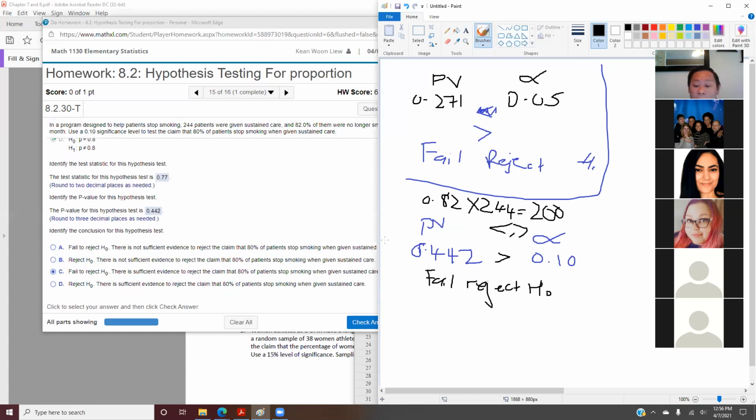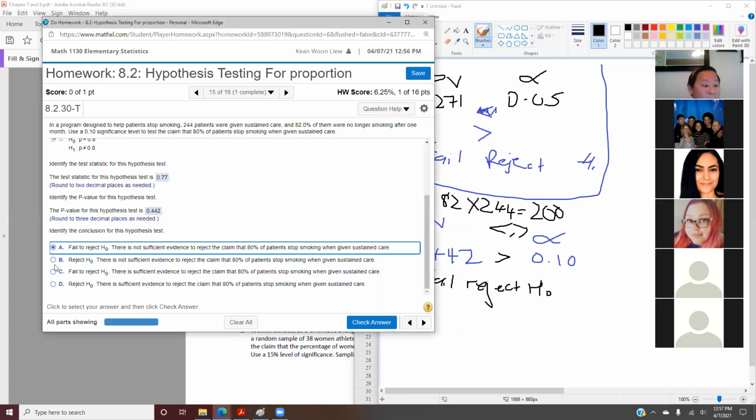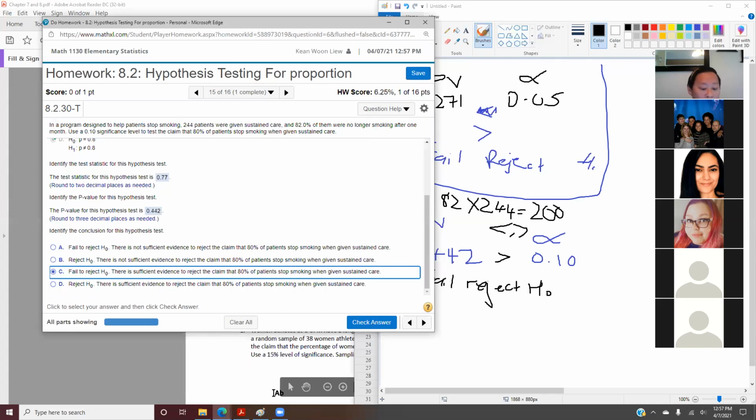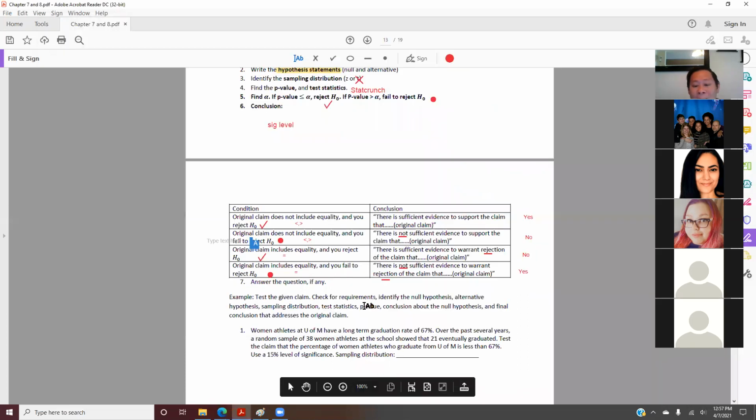So in this case, we will fail to reject your null hypothesis. So it's either A or C here. Again, I want to point out to you guys, this table, the best way to do this is, if you have a fail to reject, you always have the word not and the word rejection. So for this case, we fail to reject the null hypothesis, so the word not is here.